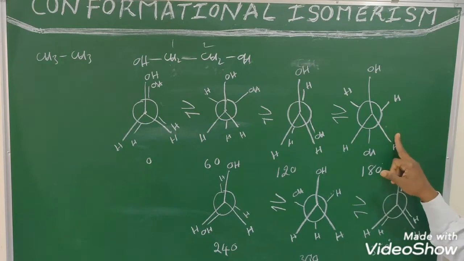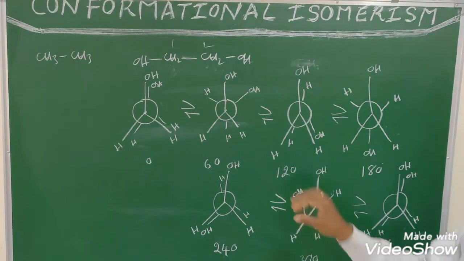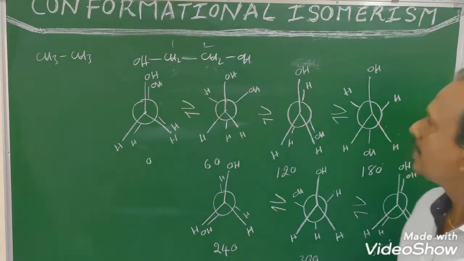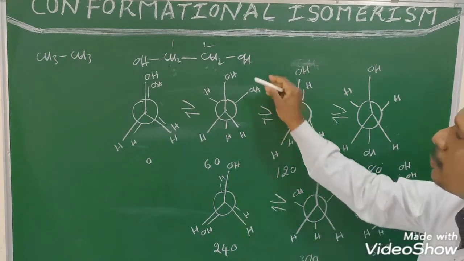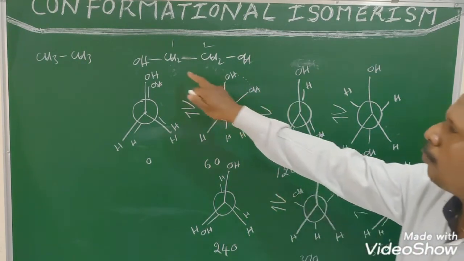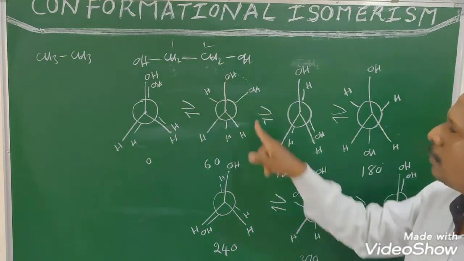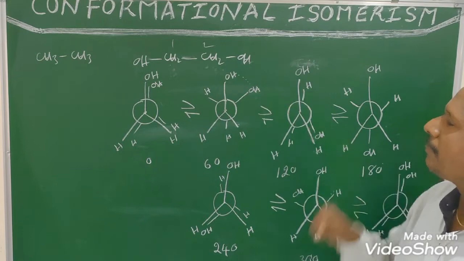What is the stability order of these conformations? Generally, in the case of butane, anti is more stable. But here, due to intramolecular H bonding in the Gauche conformation, the OH group of the first carbon and the OH group of the second carbon form intramolecular hydrogen bonding.